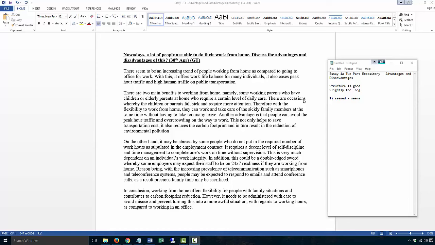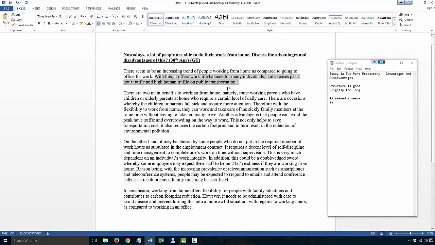Remember, I'm not going to correct every single mistake, okay, but I'll correct most mistakes, and sometimes I won't correct some small little mistakes. Okay, with this, it offers work-life balance for many individuals. It also, now the second problem here is this student did not use the general phrase.